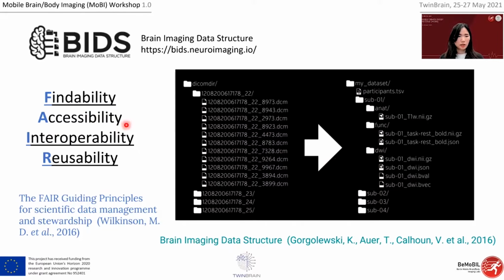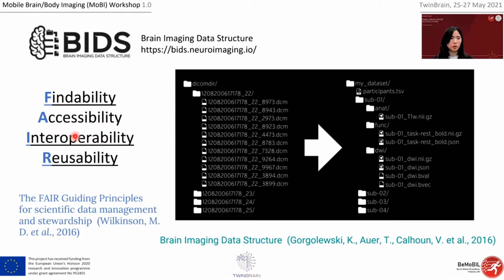Accessibility is slightly different. This is supported by data sharing platforms like what Joanna presented on day one. She was sharing her data on Open Europe. So these platforms support the accessibility aspect. And interoperability means that when people work on the data that's being shared, it should be operable without much human intervention.